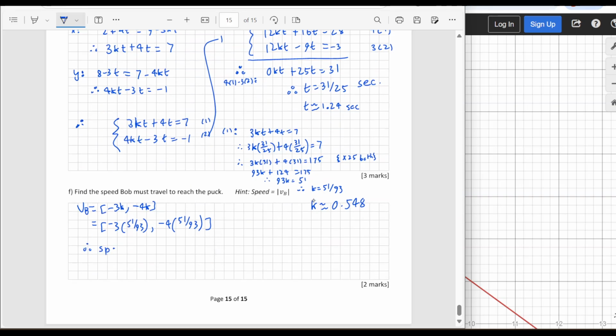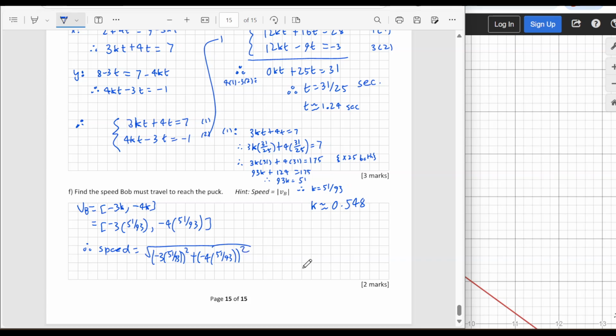Therefore, the speed is the modulus of velocity, so that's minus 3 lots of 51 over 93 all squared, and minus 4 lots of 51 over 93 all squared.